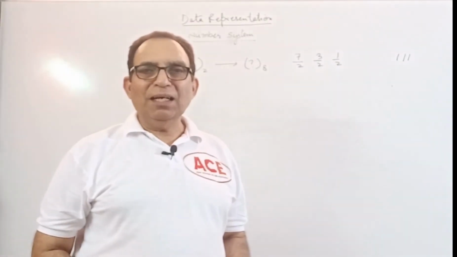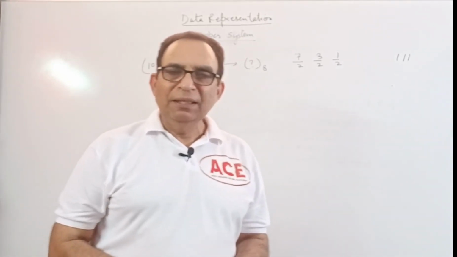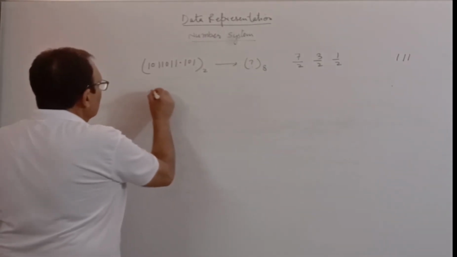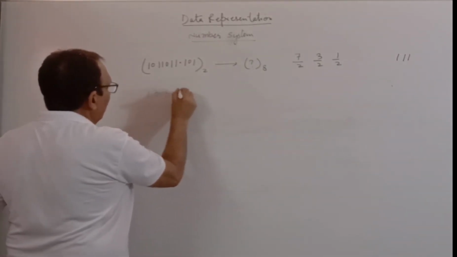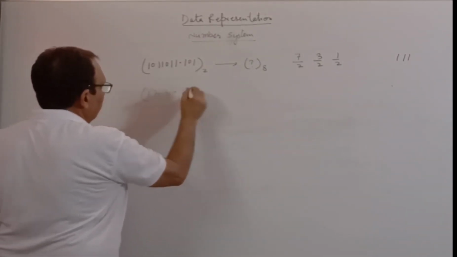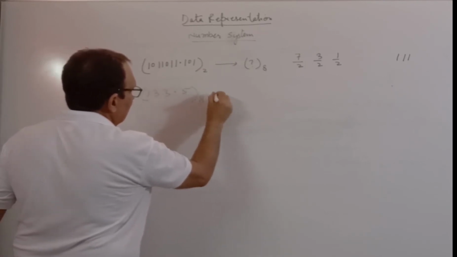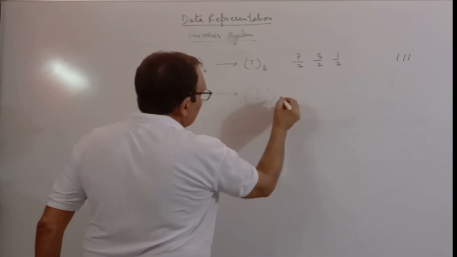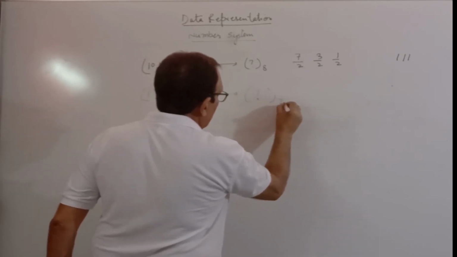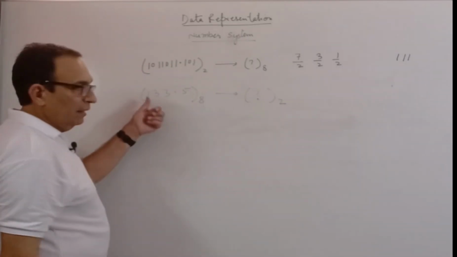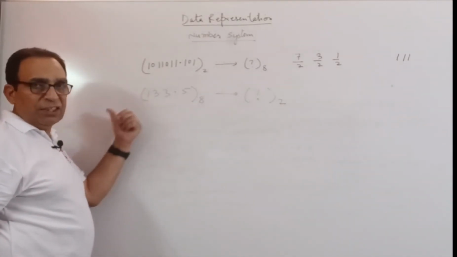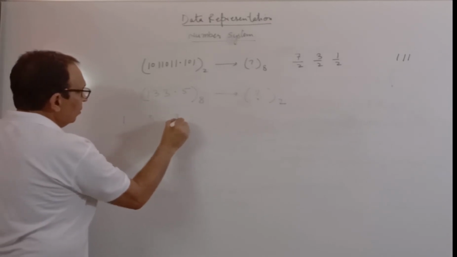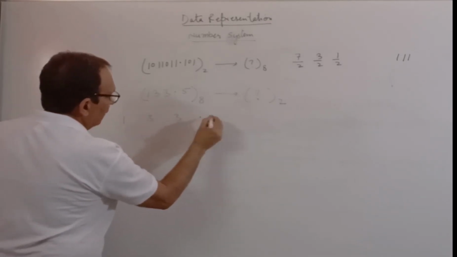Now let us see the conversion of octal to binary. We'll take the same octal number 133.5 base 8 to be converted into its equivalent binary number. Write each bit of octal separately, means 133.5.